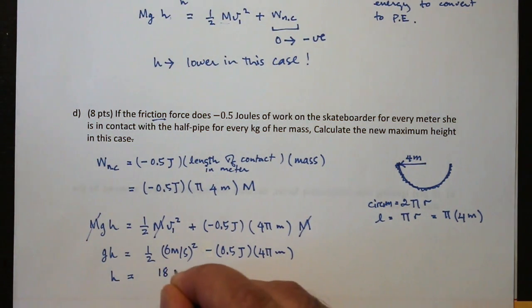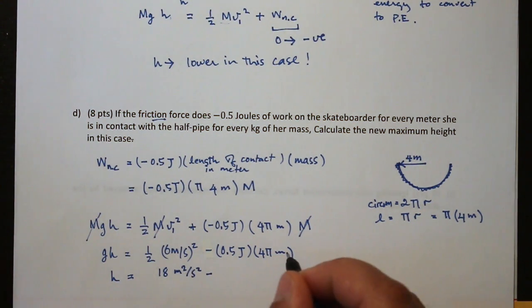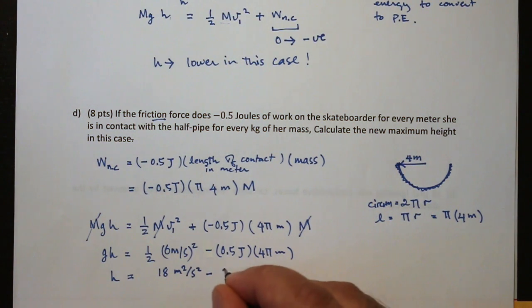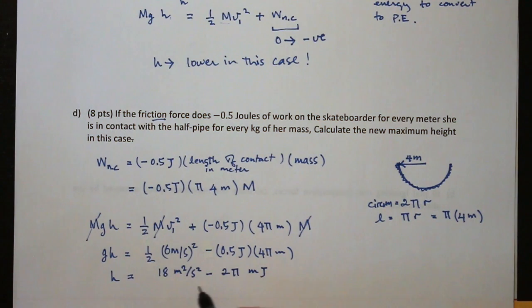So it's 18 meters squared per second squared minus half a joule, so that's 2 pi meter joule, over g, which is 9.8 meters per second squared.